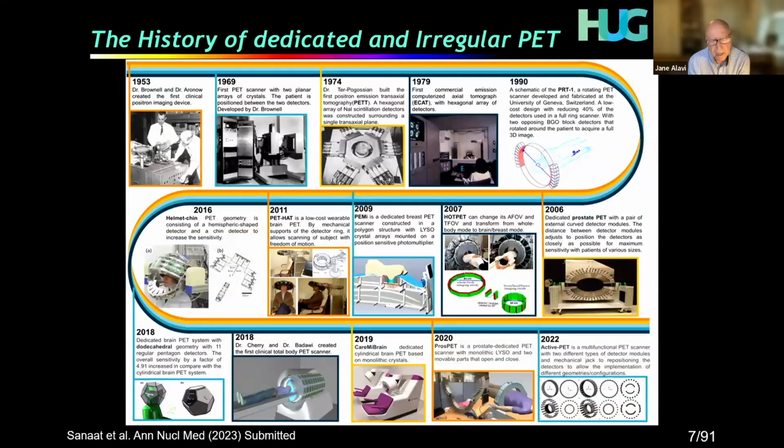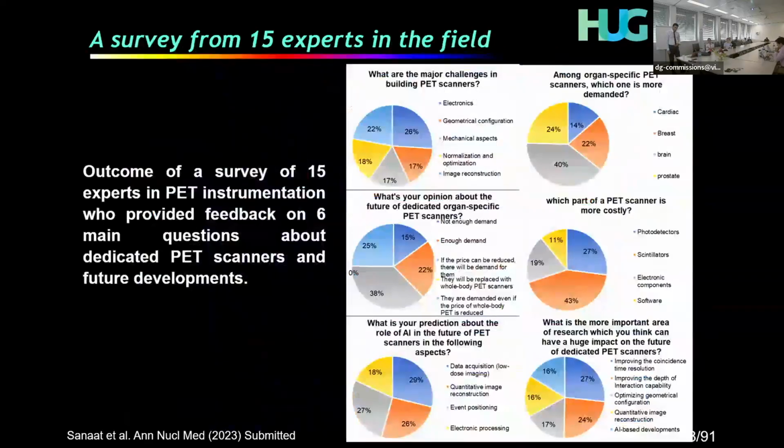Why do you think that dedicated PET instruments will play a role in the future practice of PET imaging? Yeah, even in this survey, we asked the experts about the future of dedicated PET scanners, and most believe that brain dedicated PET scanners are the most in demand, then prostate PET, and then breast. I agree that current dedicated breast PET scanners suffer from geometrical coverage.